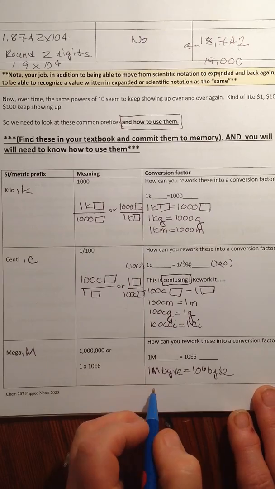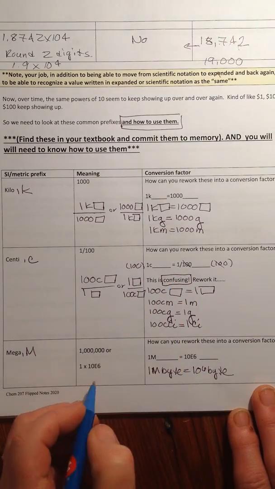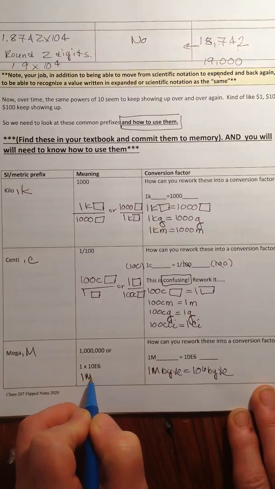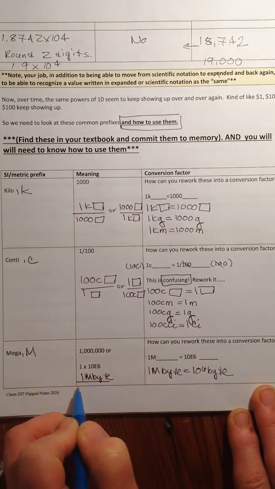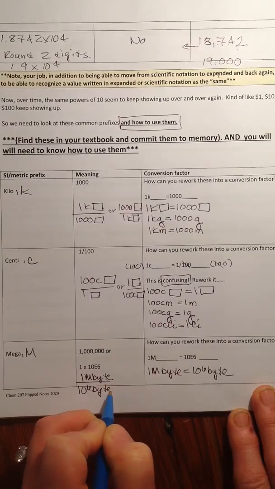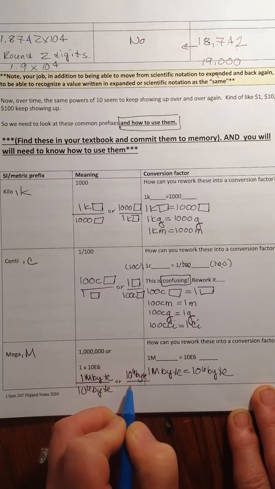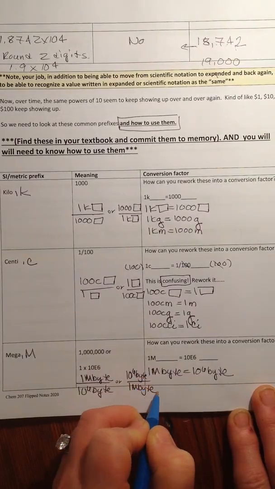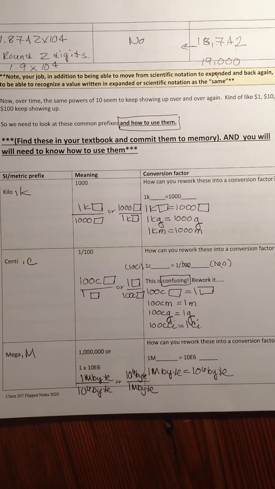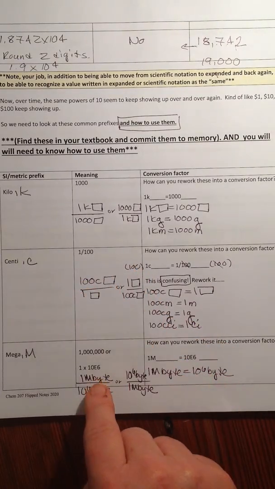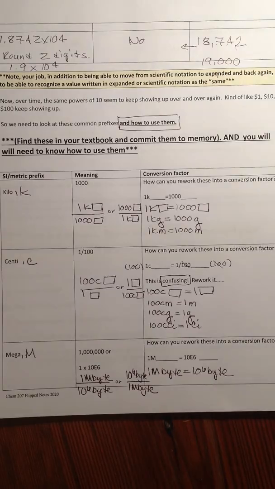Okay, so you can do the same thing that you've done up here, and you can come up with your conversion factors. 1 megabyte over 1 million bytes, or 1 million bytes over 1 megabyte. Or again, just have some kind of box to indicate whether it's a byte or a gram or a curie or a rem or a millirem or whatever it is that you're using.